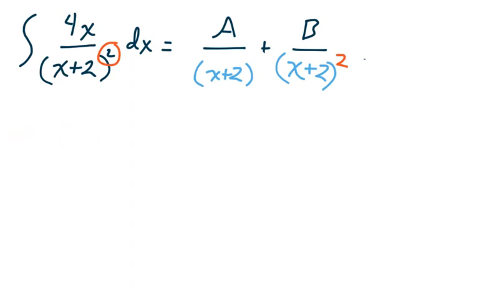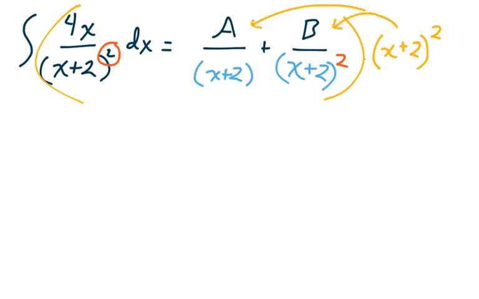Now, the good news here is that this actually makes it a little easier to solve this problem, because when you start multiplying by the LCD, you find out that the cancellation is pretty nice. Make sure you pick the right LCD. The LCD has to be whatever's required to multiply so that I can cancel with both denominators. That means I need to have an x plus 2 squared, not an x plus 2 cubed, just an x plus 2 squared.